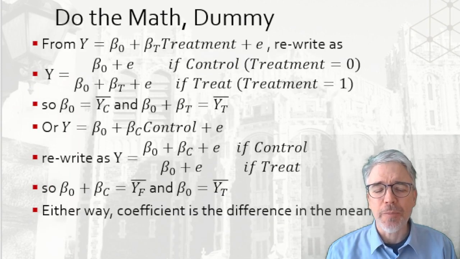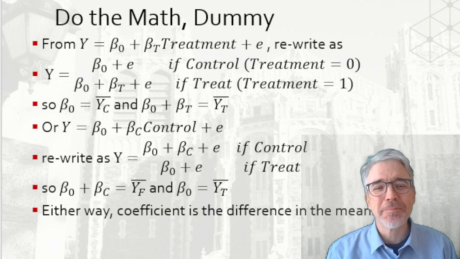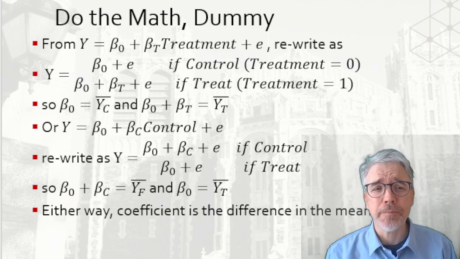It always helps to do the math for the dummy variables. I'm not calling you a dummy. Sometimes I call myself a dummy for not doing the math. Regression of y equals beta naught plus beta t treatment can be rewritten in two rows as y is beta naught plus the error if the person is in the control group, or y is beta naught plus beta t plus the error if the person is in the treatment group.